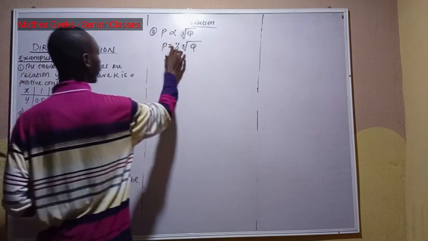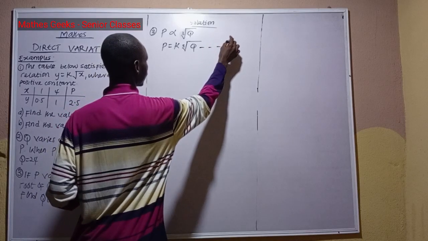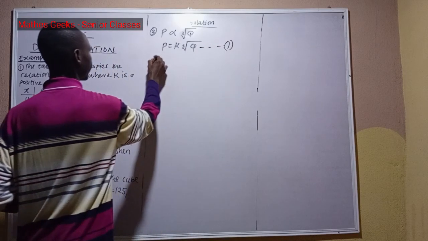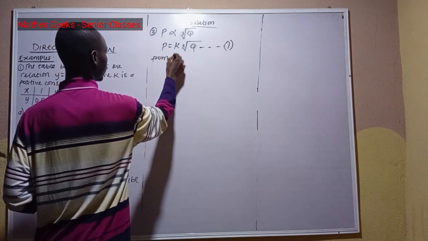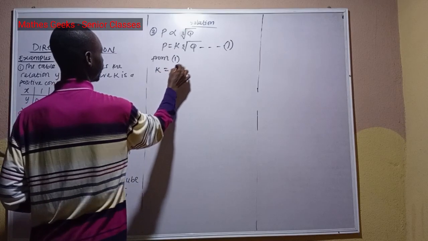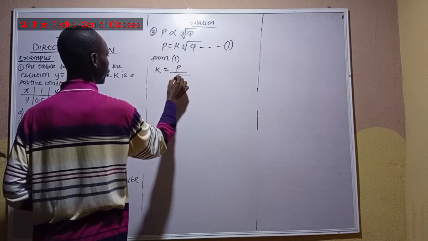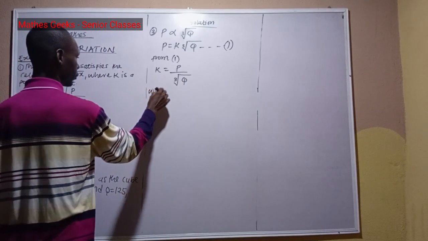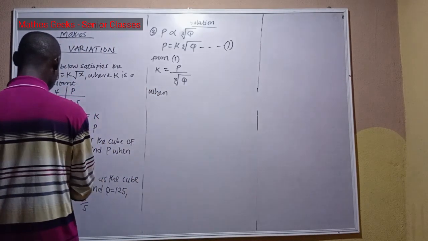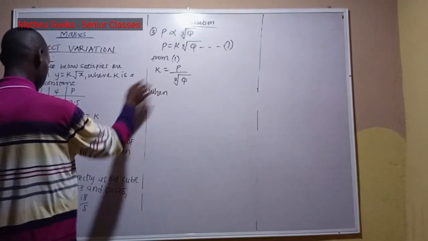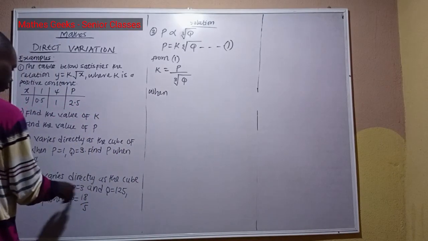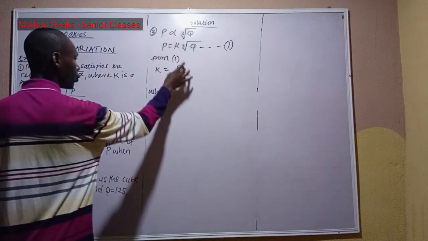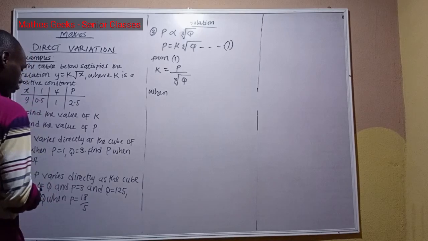So we then get the value of k. From equation 1, k is equal to p over the cube root of q. To get the value of k, the first part of the sentence where the values of p and q are given is what we're going to use.